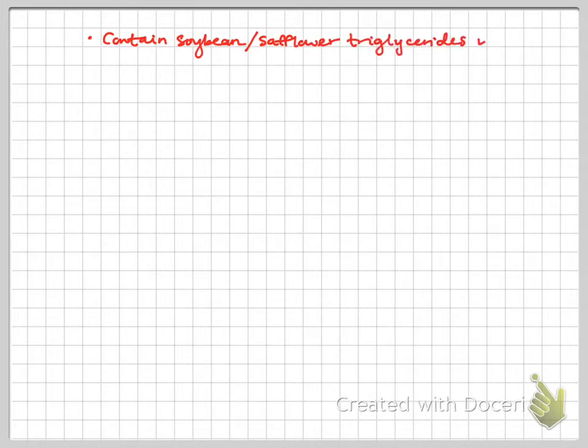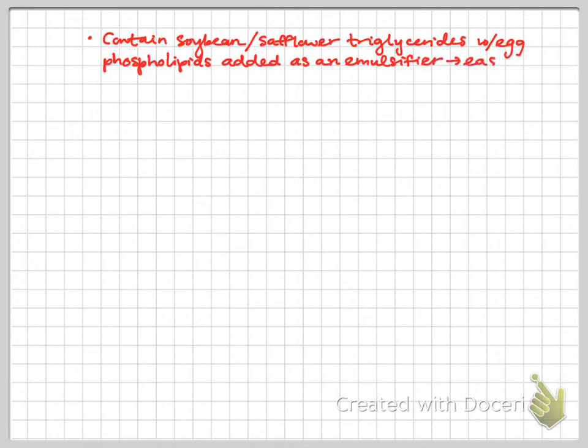They also contain soybean or safflower triglycerides with, like I said, egg phospholipids added as an emulsifier, which makes it easier to metabolize.